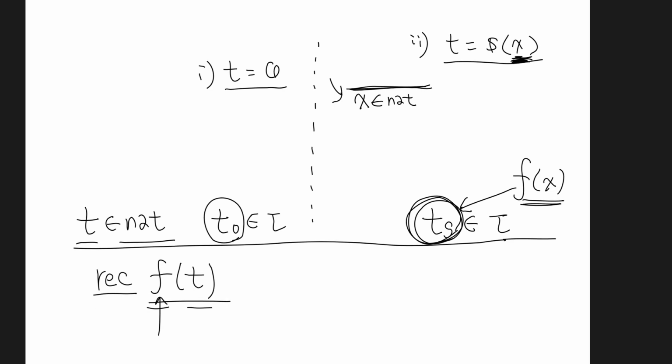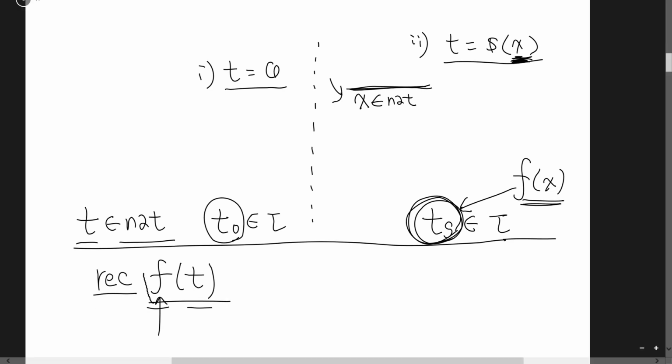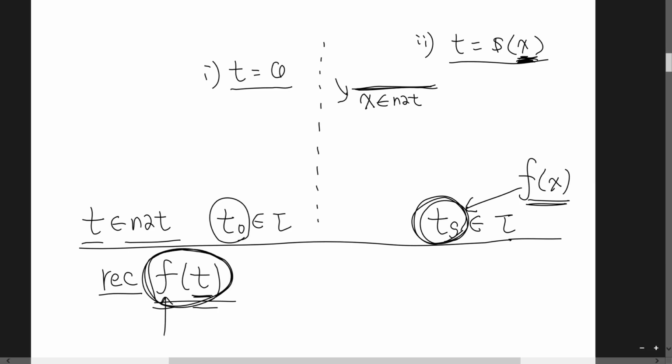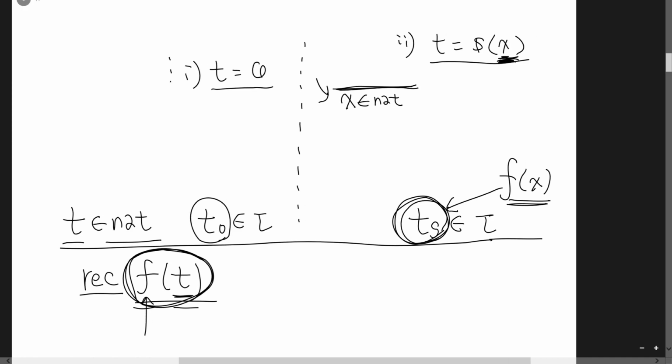So to summarize the story so far, we are in the middle of processing this recursive function call f of t. And if the argument is 0, we just return this t0. If term t is successor of x, we choose this branch. We evaluate this term ts. Inside this term ts, of course, you may use the fact that x is a natural number.